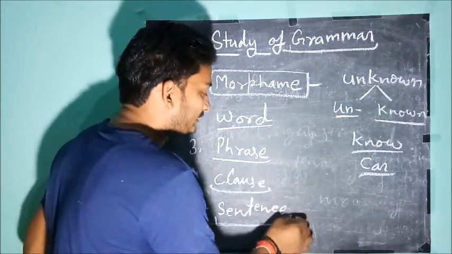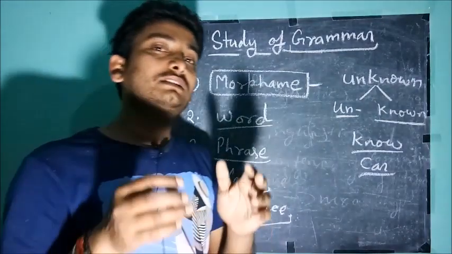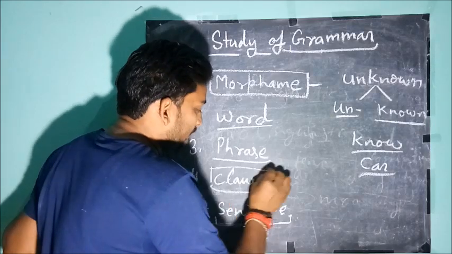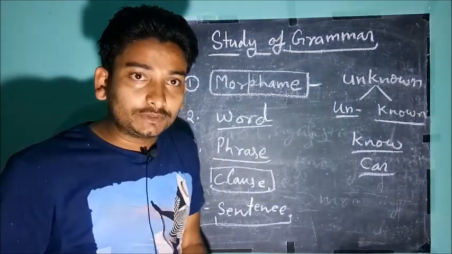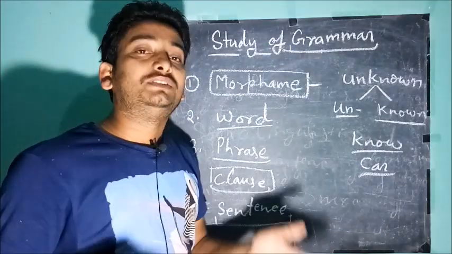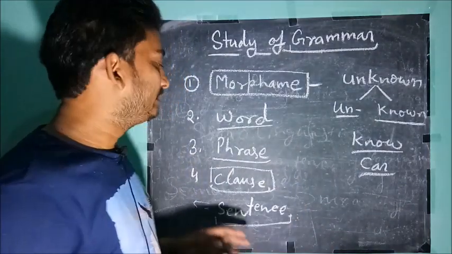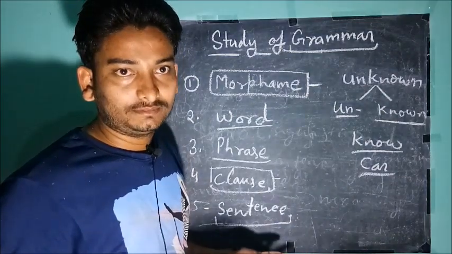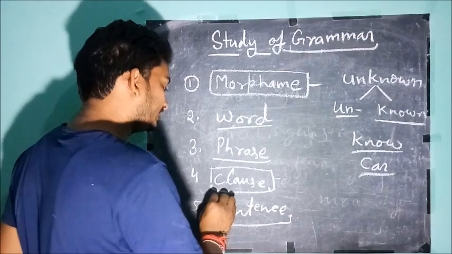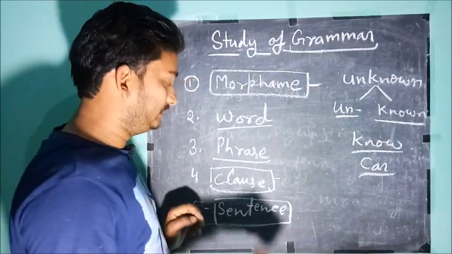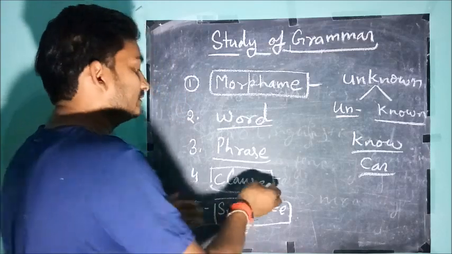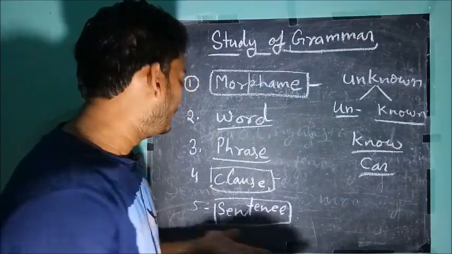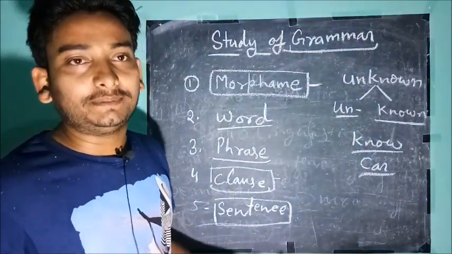Now we should understand the difference between clause and sentence. A clause is a group of words that produces a meaning and has its subject and predicate, but clauses are sometimes independent, but sentences are fully independent. Means a clause may be dependent or may not be dependent, but sentences are fully independent.